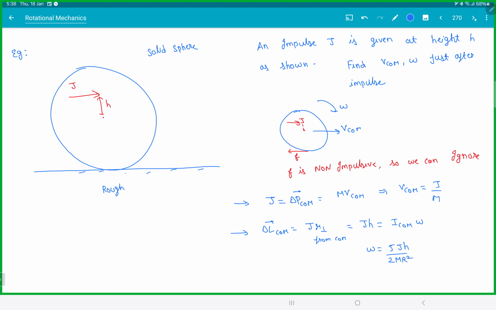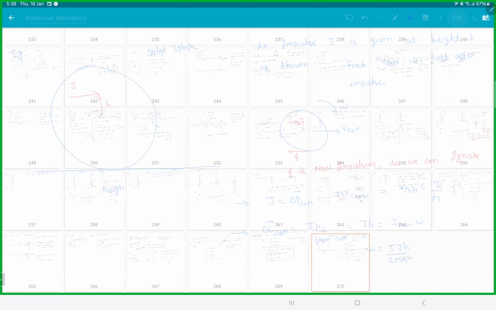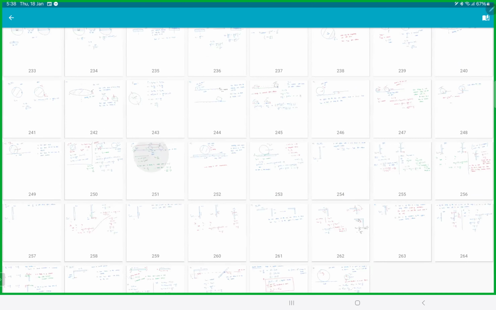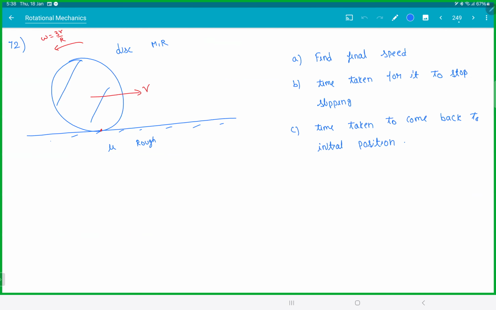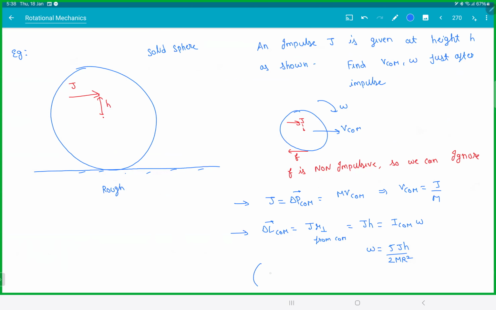So after this, now because v is not equal to r omega, the friction will be mu mg. It will skid, it will roll, all that will happen. Then the question becomes like this, the coin question which we did today. So these are the velocities just after collision.